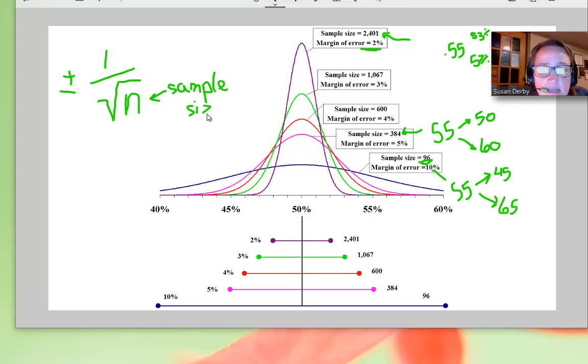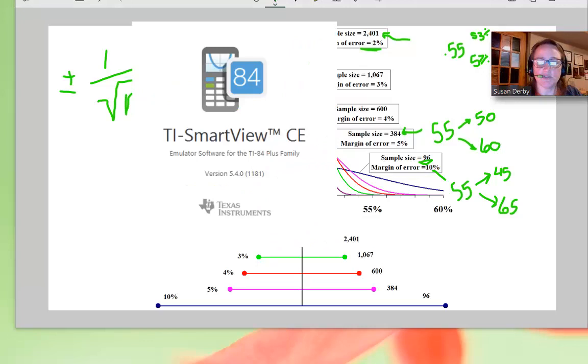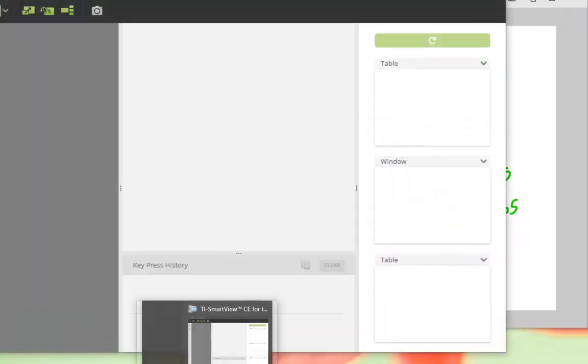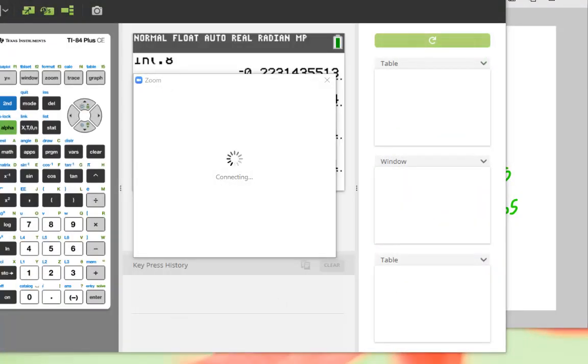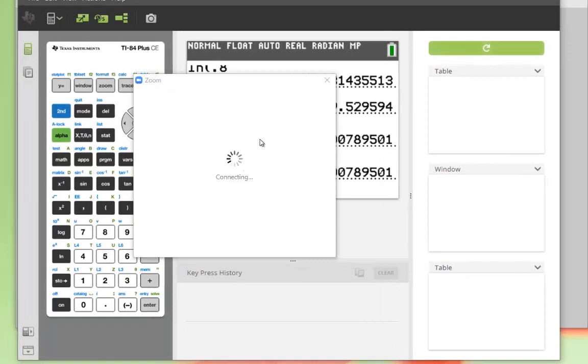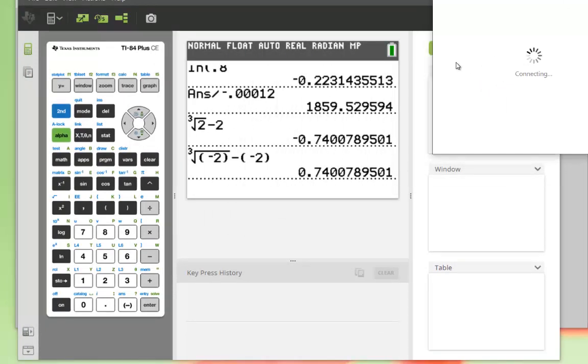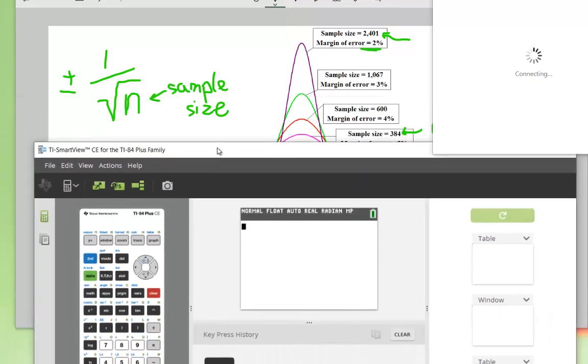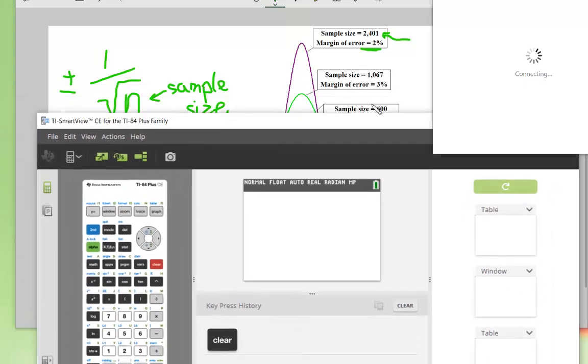So if we ask something, you'll see that a lot of these things are coming up very close to that amount. When I call up my calculator, doing that 1 divided by square root of the sample size is going to show me this information here. So using one of the sample sizes that they gave us here in the graph, I'm going to use this sample size here of 600 people.